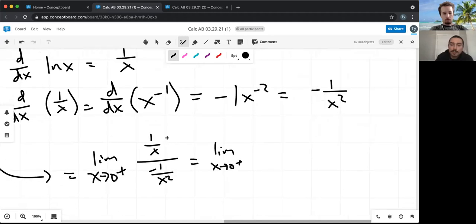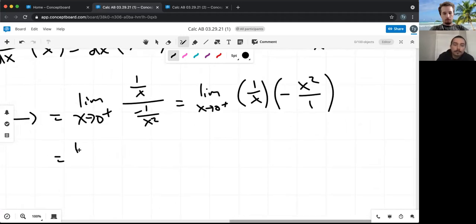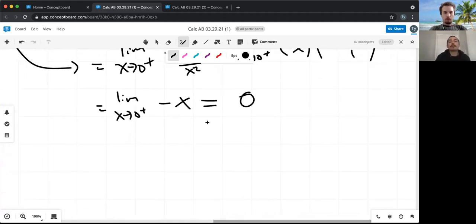That's the same as taking the numerator and multiplying by the reciprocal of the denominator. Negative x squared divided by x is negative x. When we plug in 0 from the right, we get 0. But remember, this is not the problem we want to solve.